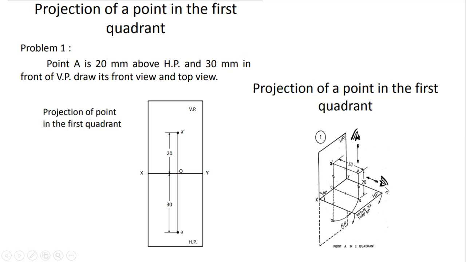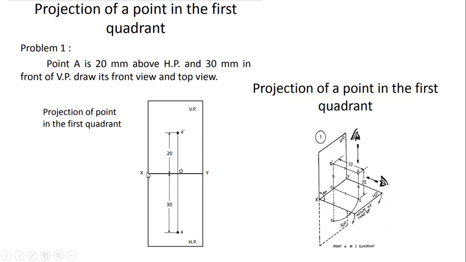The observer is viewing from the front view direction, so the point A is elevated at a height of 20 mm above the horizontal plane, and the point A is projected towards the vertical plane. So it will be marked as a dash.